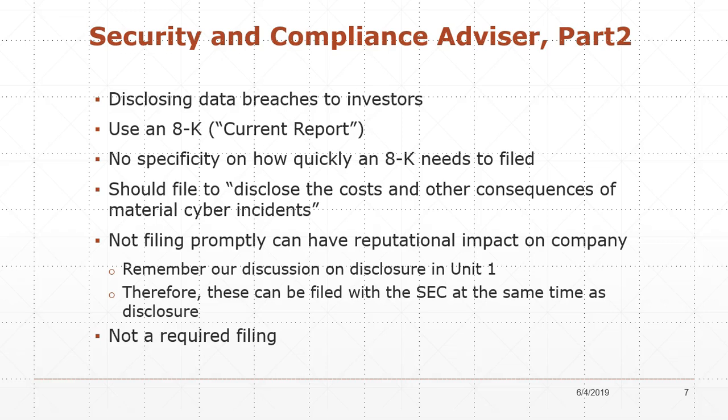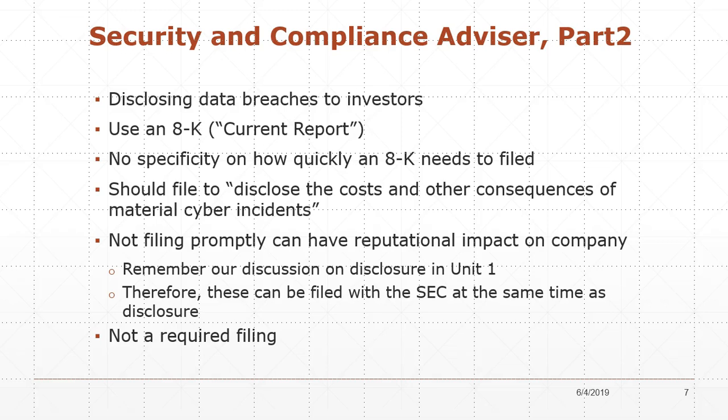It's interesting because there's no time frame on when you have to file this. But if you remember back to Unit 1, we talked about disclosure to the state's attorneys general. So if you have a breach, those have to be disclosed to the state's attorneys general, and that's public record.